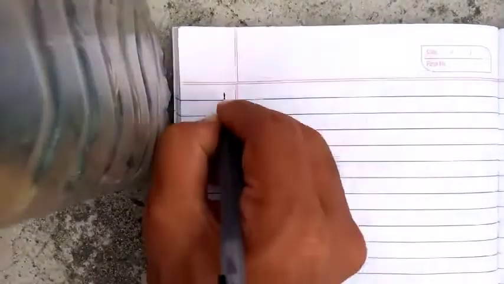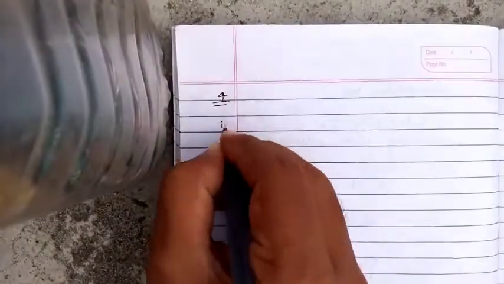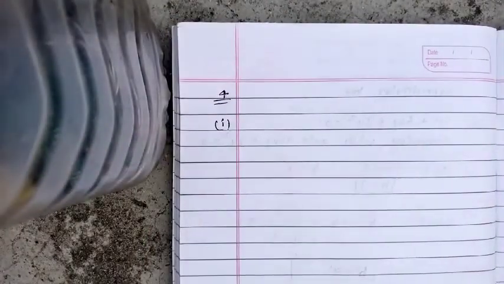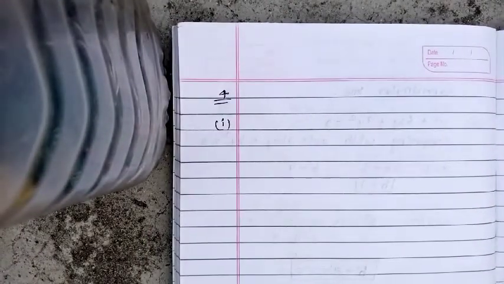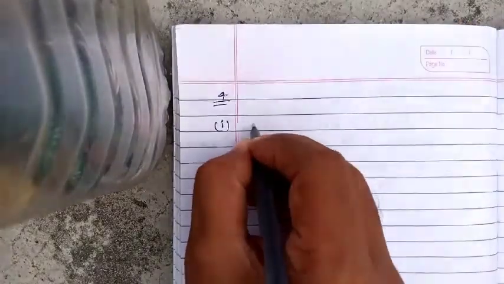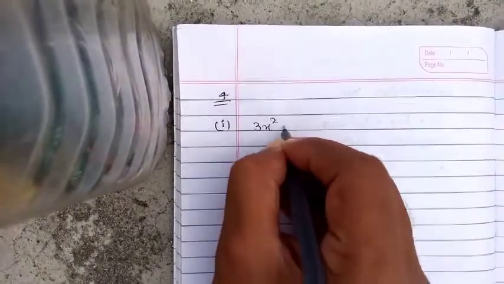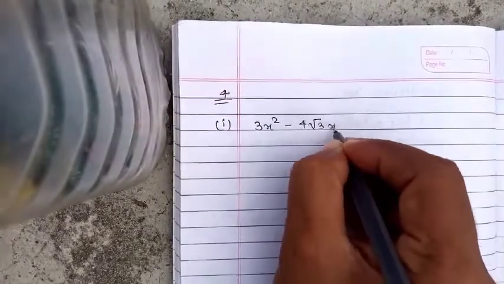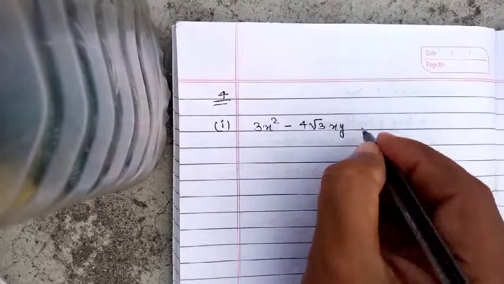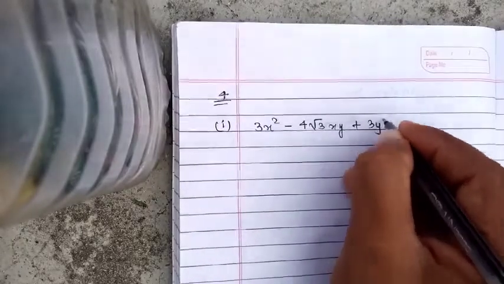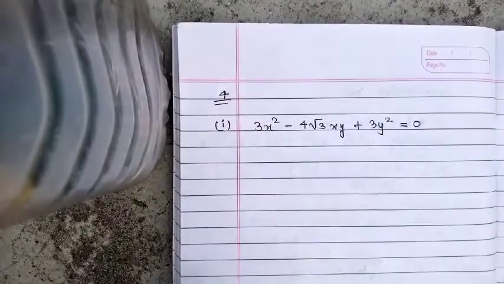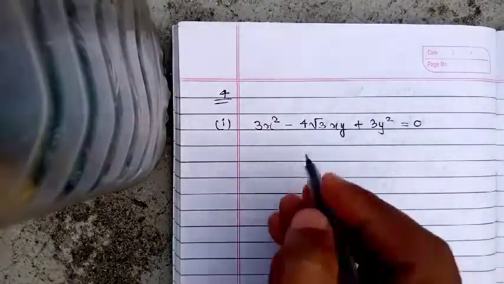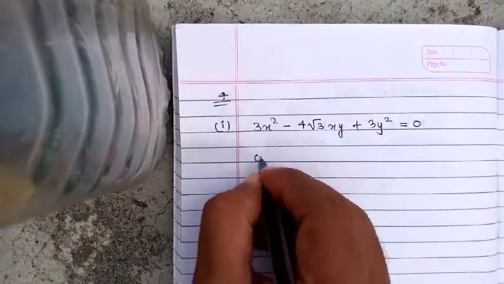Now question number 4. First, we have to identify the angle between the two lines when the two lines are intersecting, whose combined equation is given: 3x square minus 4 root 3 xy plus 3y square is equal to 0.